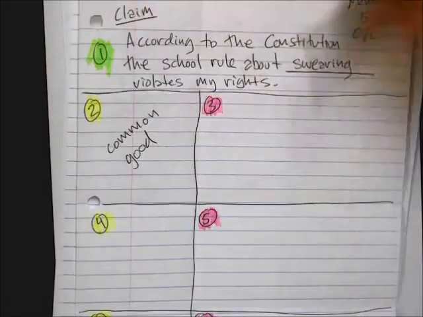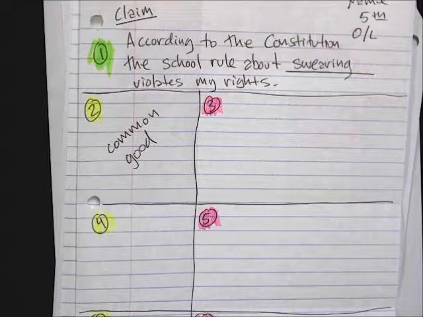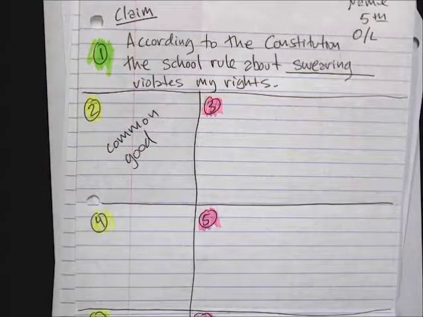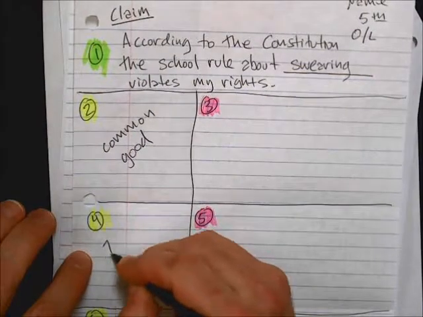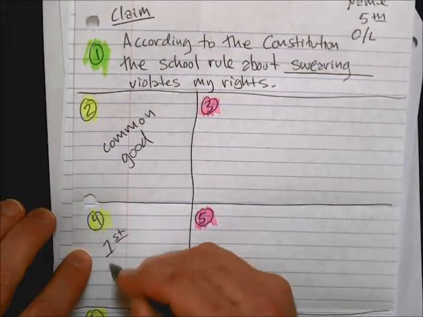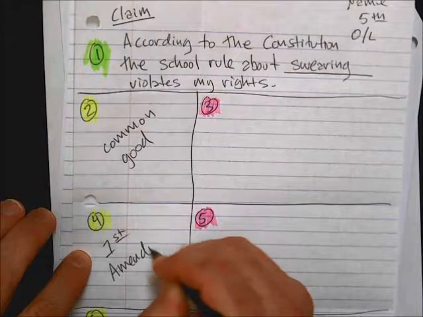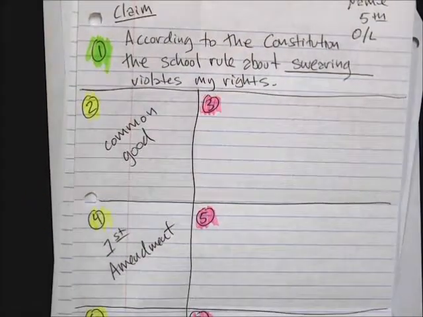So for swearing, which part of the Constitution do I want to use? Freedom of speech. What amendment is that in? There we go. So I am going to put, again, don't copy me unless that works for you too, First Amendment.